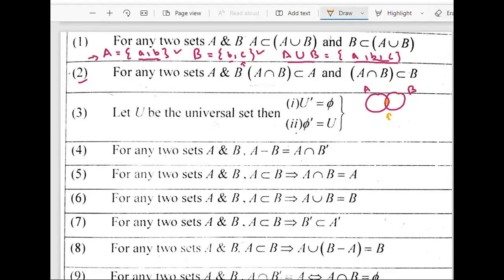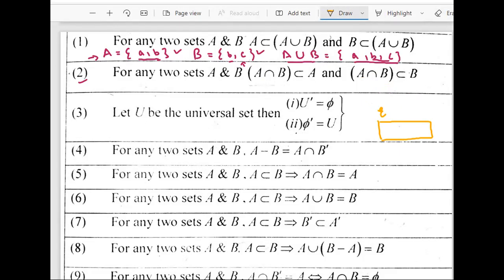So we have, let U be the universal set, okay? U is the universal set. Universal set complement. What will we have in the universal set complement?